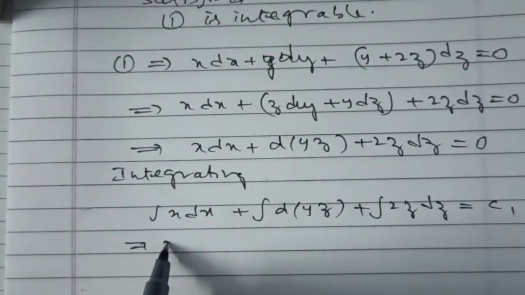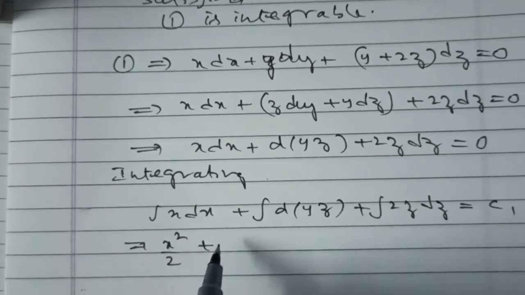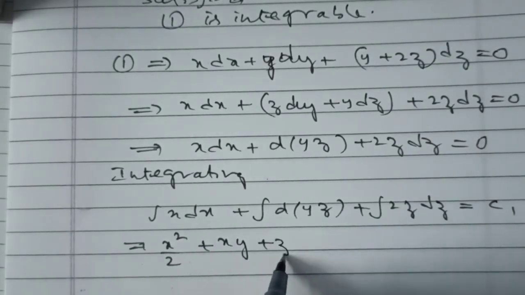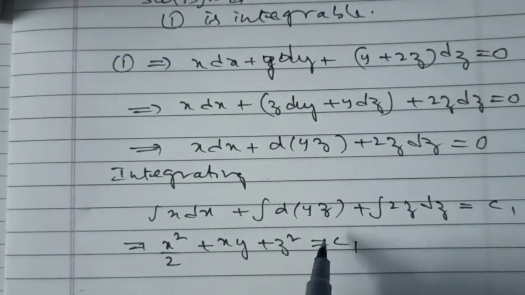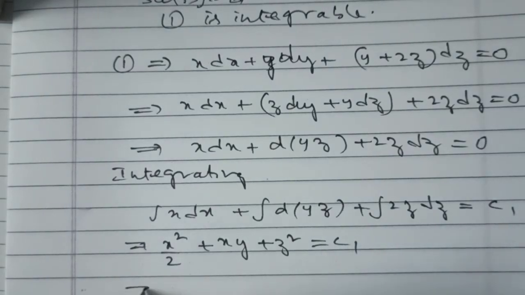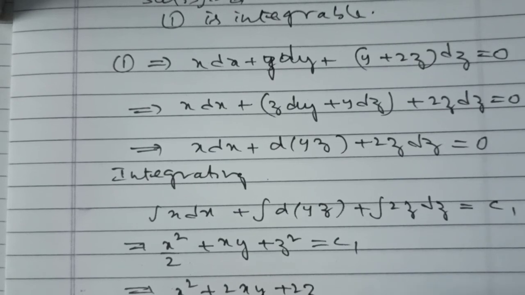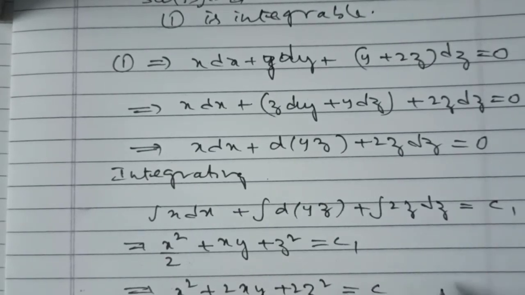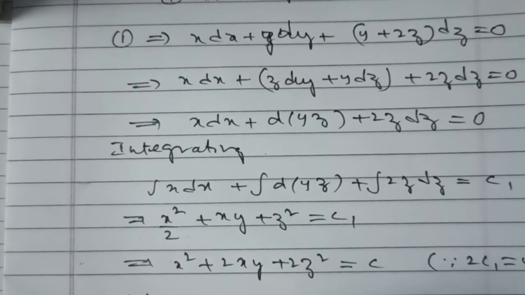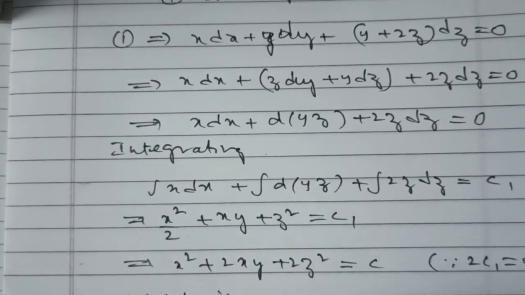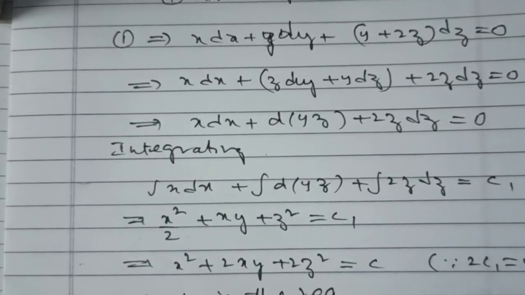This implies x square by 2 plus yz plus z square is equal to c1. This implies x square plus 2yz plus 2z square is equal to c, since 2c1 is equal to c, which is the required solution of 1.